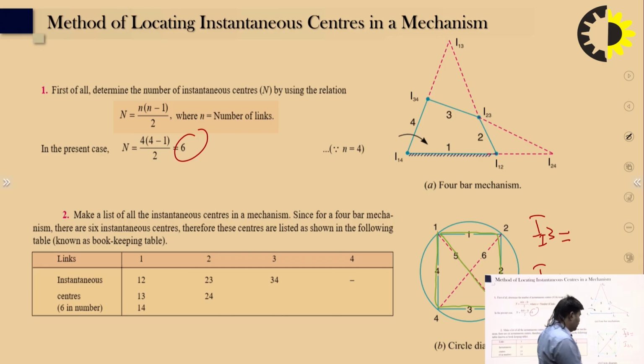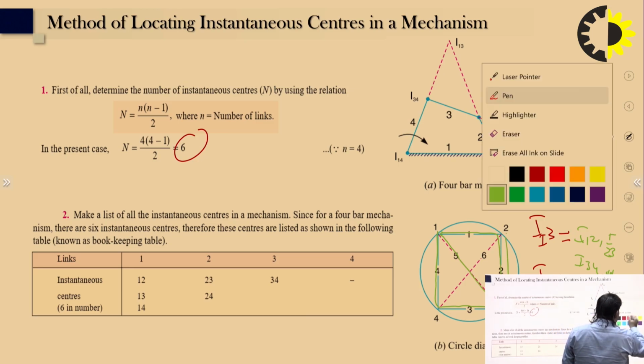So in that case, for triangle 1, 2, 3 we can fix the extended line through the two instantaneous centers I12 and I23, and for triangle 1, 4, 3, that is I34 and I41. I'll write it here slowly: 4, 1.